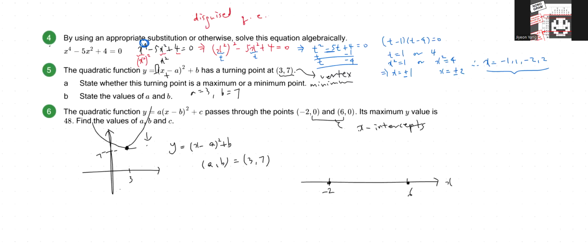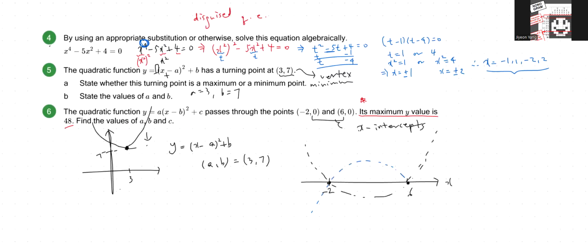And then there is one more thing. Its maximum y value is 48. It tells us the direction of this graph, because if there are two x-intercepts, negative 2 and 6, this graph shape is either this way or this way.